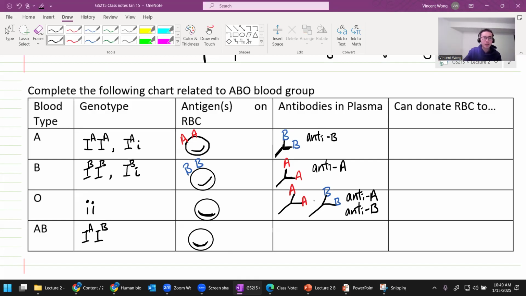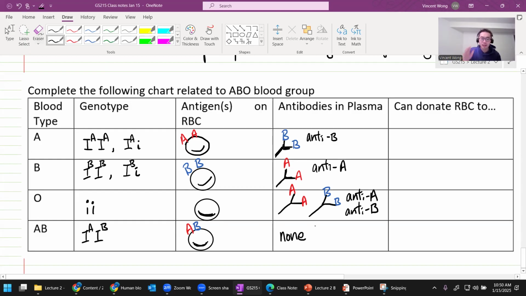Since you have both alleles, you're going to have A and you're going to have B. And what about antibodies? What kind of antibodies will you make? That's right, nothing, none. You cannot make anti-A or anti-B because you would end up attacking your own cells, right? Remember, the antibodies will attack the same letter. Yeah, so there are no antibodies.